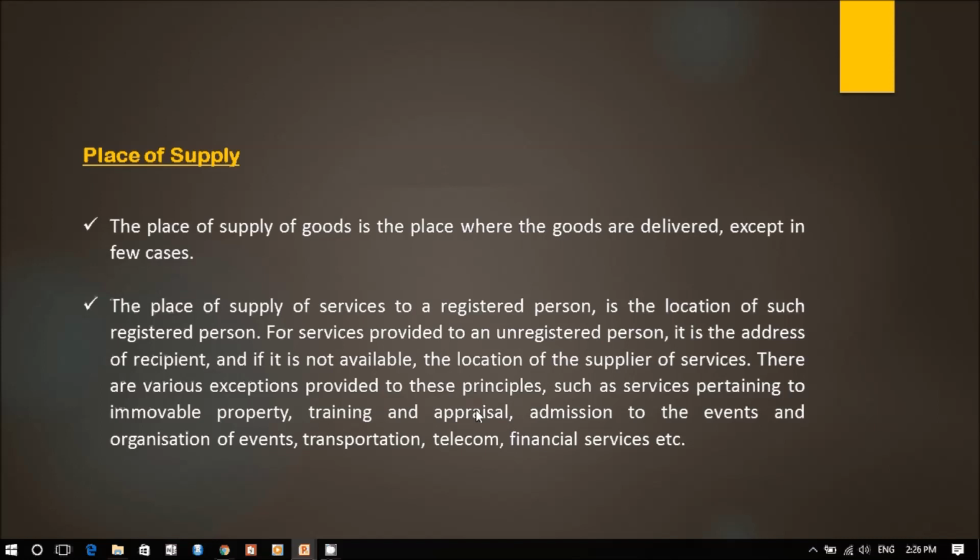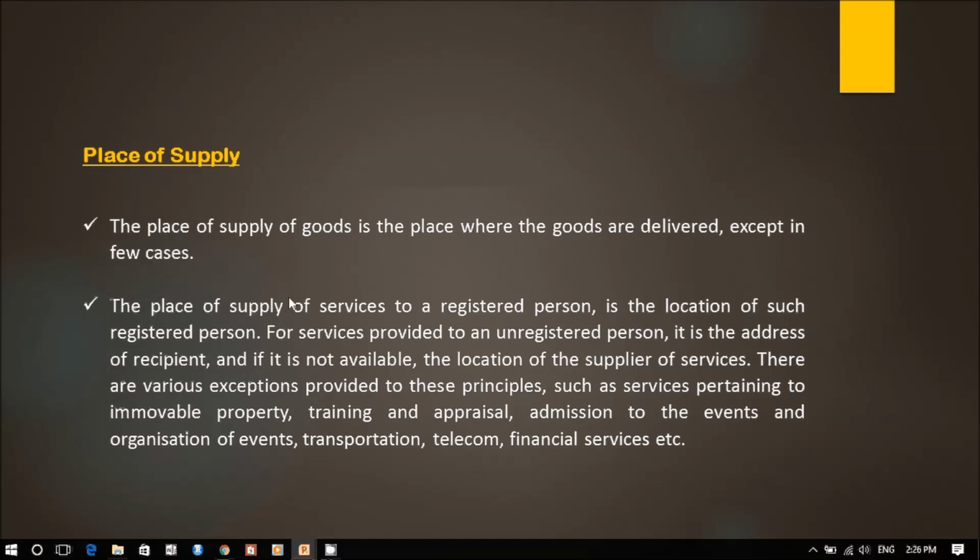So place of supply for the goods and the services is different. This one is the place of supply for the goods, and this one is the place of supply for the services. Place of supply of the goods would majorly be the place where the goods are delivered, except a few exceptions.